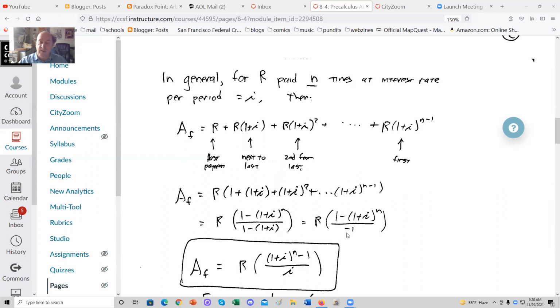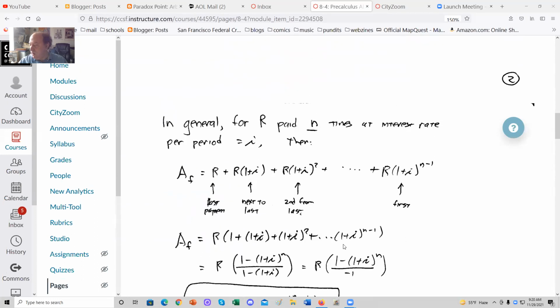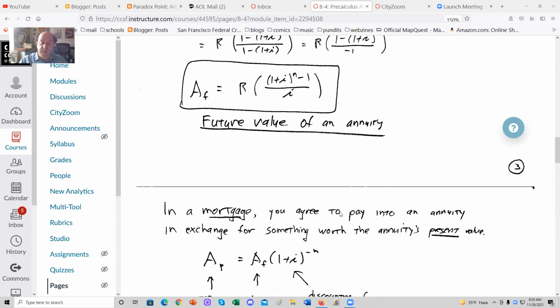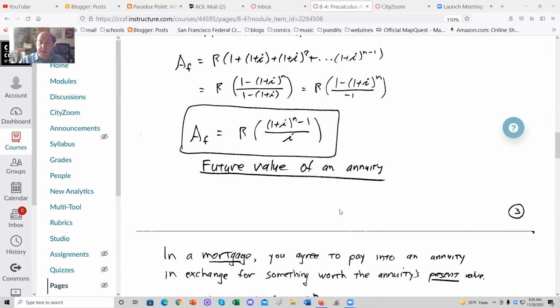This comes out to a negative i. Let's get rid of the negative by reversing things. This should be an i. Excuse me, this is page 3. I'll change that in the canvas. And so the future value of an annuity is R times ((1 + i)^n - 1) over i. That's how much it'll be worth in the future.